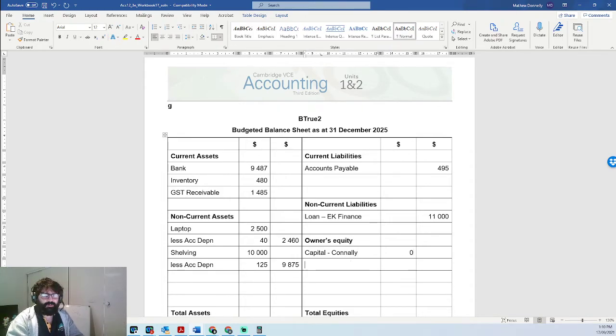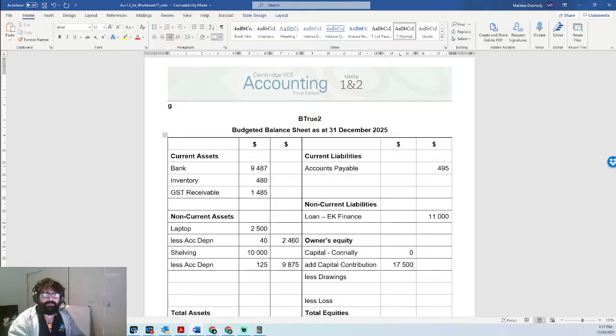Connolly, 0. And we add capital contribution. We less drawings. And we less loss. So our capital contribution, if we have a look, the first one, was 15,000 cash plus the laptop is 17,500.